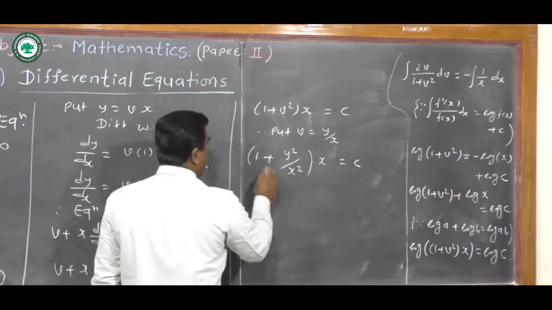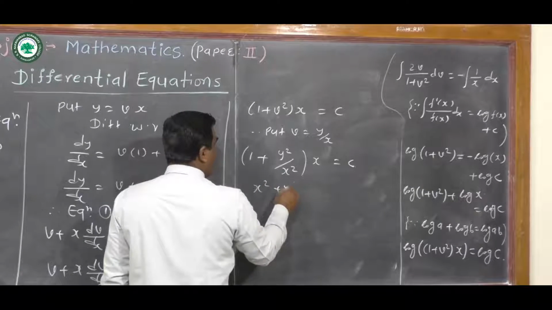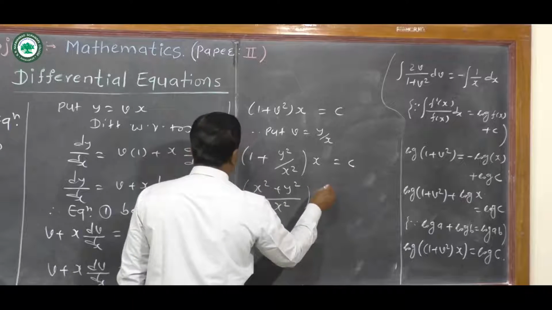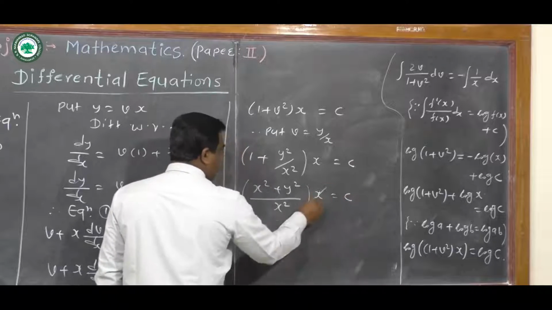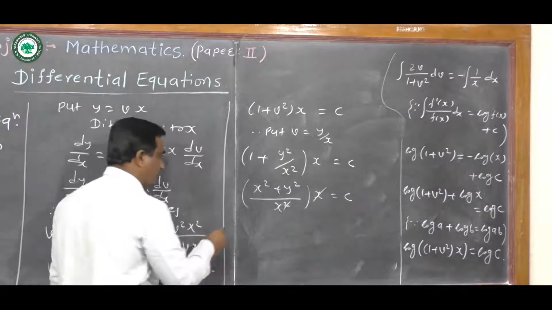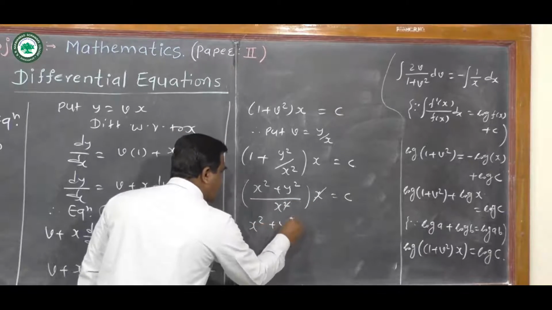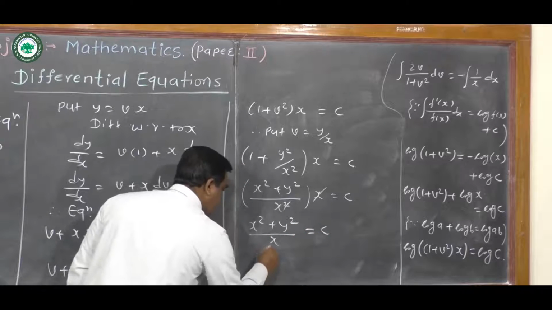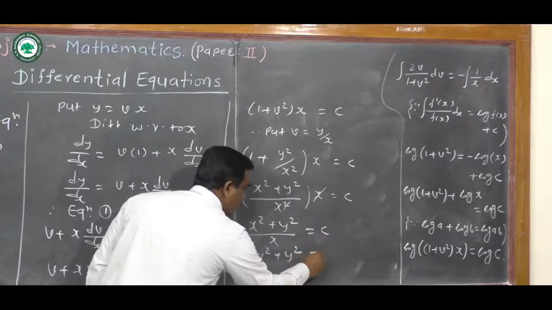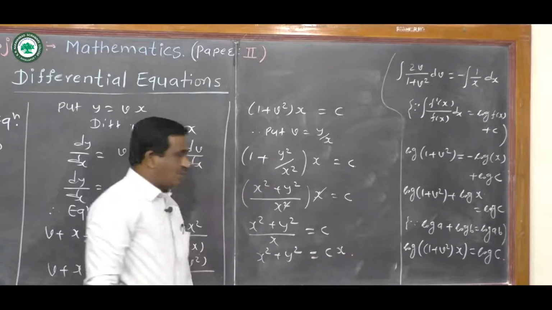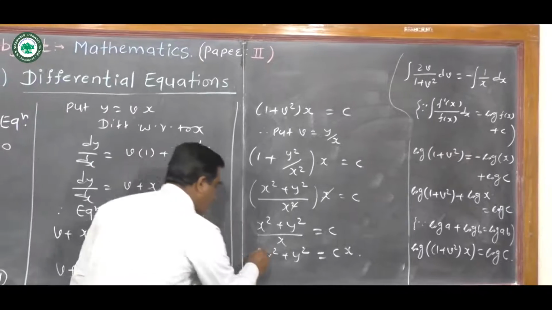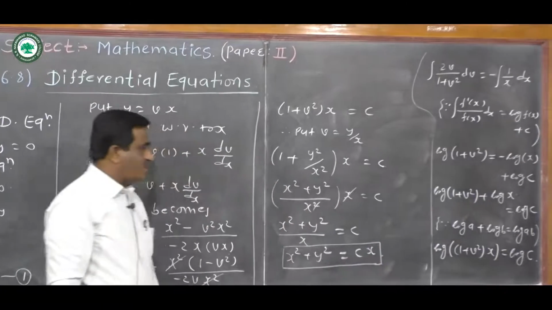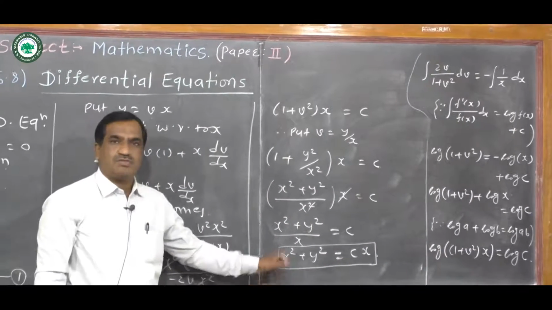Taking addition here, x square plus y square upon x square into x is equal to c. Now one x cancels out, remains only x square plus y square upon x equal to c. That is, we can write x square plus y square equal to c into x. Now this is the required solution, the required general solution for the given homogeneous differential equation.